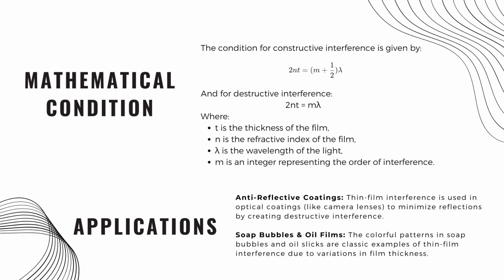And for destructive interference, 2nt equals m lambda, where t is the thickness of the film, n is the refractive index of the film, lambda is the wavelength of the light, m is an integer representing the order of interference. This phenomenon finds its applications in anti-reflective coatings and soap bubbles and oil films.